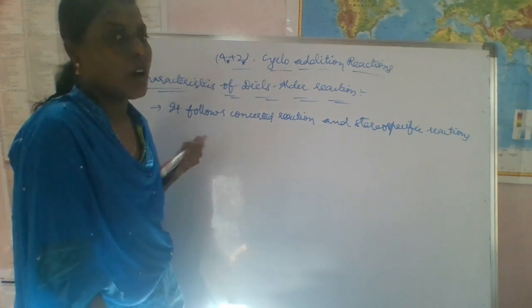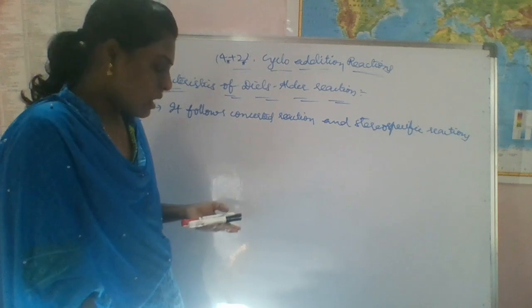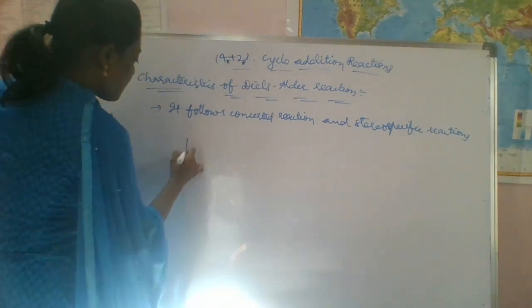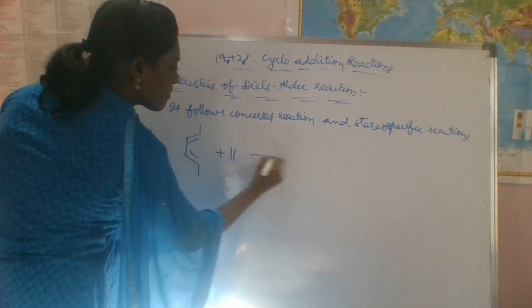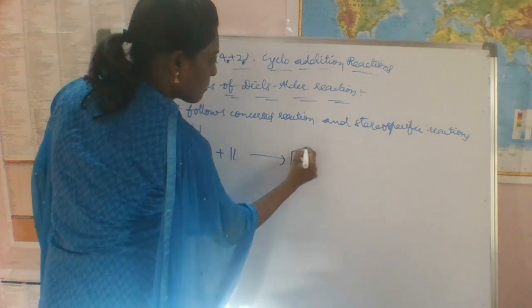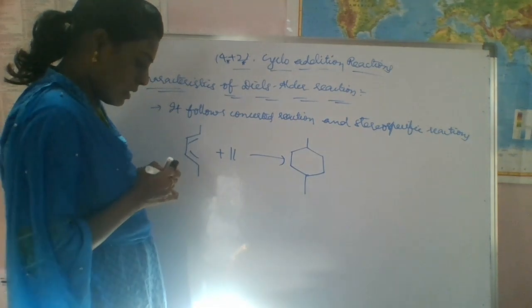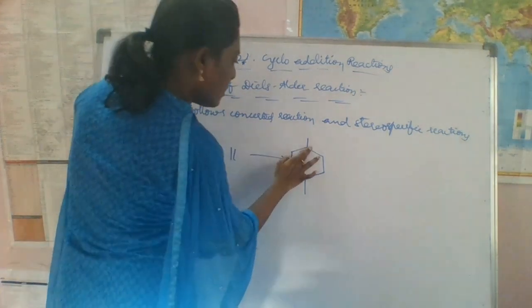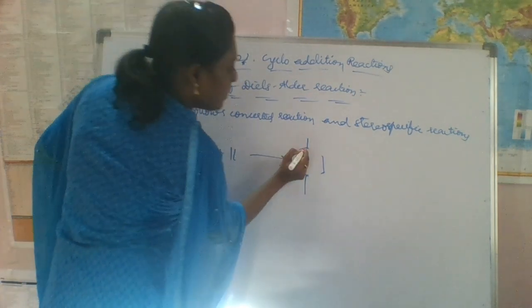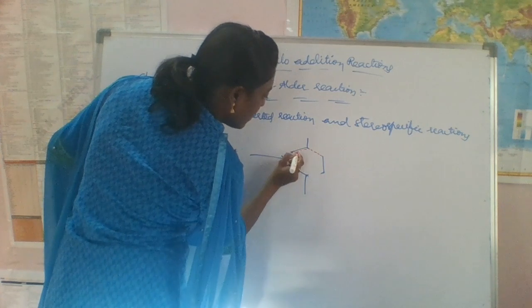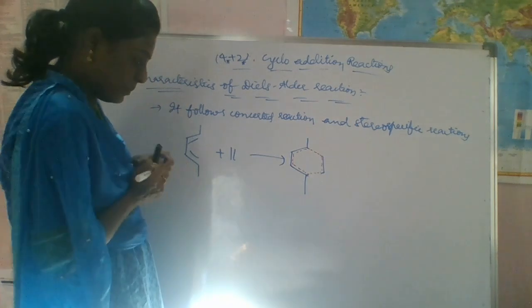So let's see which molecules are suitable for this Diels-Alder reaction. It will give a product like this. Otherwise we have to draw the transition state, because one transition state is involved in this.